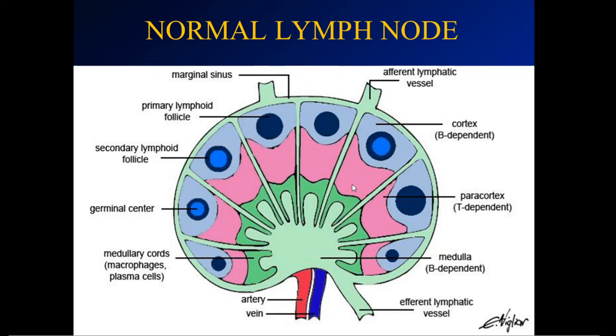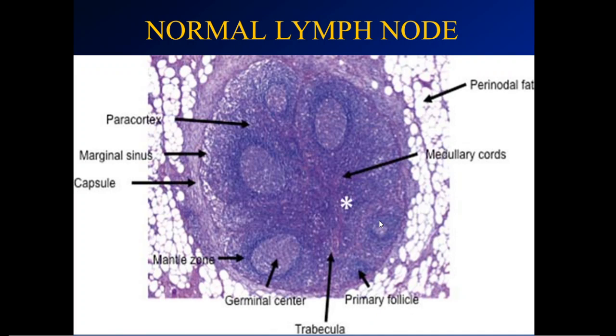Also, there is the medulla, and there is a paracortex where we have a lot of T lymphocytes. As you see on this picture, there is a normal lymph node that you can really see under the microscope.